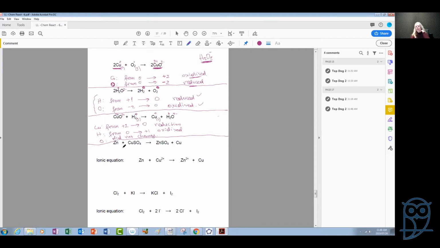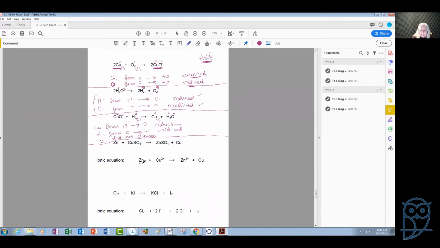This one, the zinc and copper sulfate, we also saw in the previous lesson. And we have the zinc replacing the copper. And what do we have here? Now, here is the same reaction, but the ionic equation of this reaction that includes only the items which are oxidized or reduced.